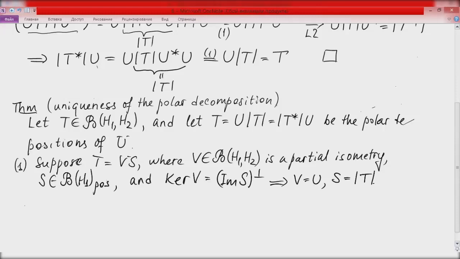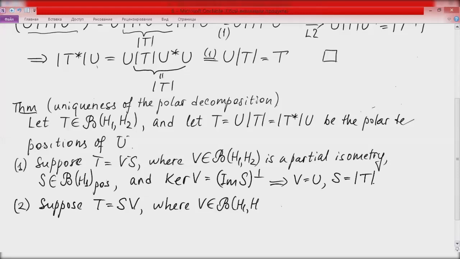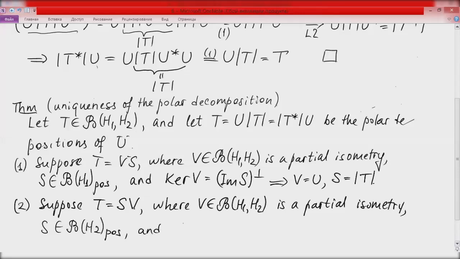And we have a similar result for the right, for the second polar decomposition. So we suppose that T is the product SV, where V is a partial isometry from H1 to H2, S is a positive operator on H2, and the image of V is the orthogonal complement of the kernel of S. And again, in this case, I claim that V equals U and S equals the modulus of T star.